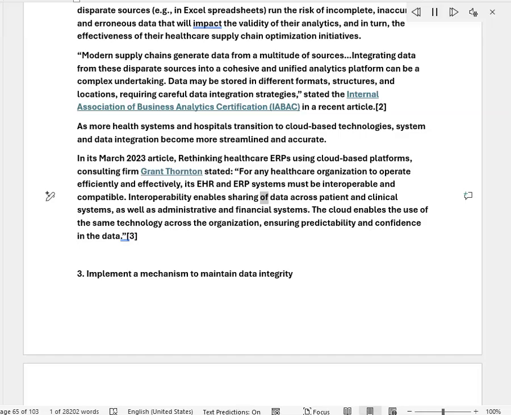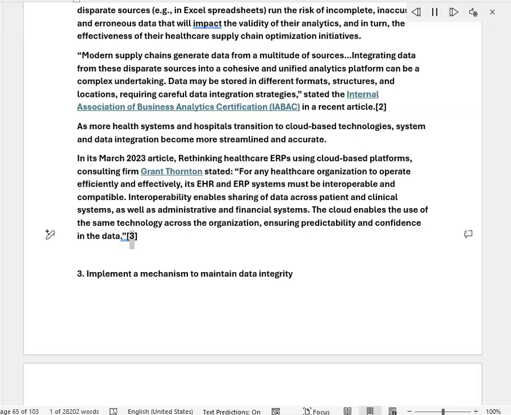Interoperability enables sharing of data across patient and clinical systems, as well as administrative and financial systems. The cloud enables the use of the same technology across the organization, ensuring predictability and confidence in the data."